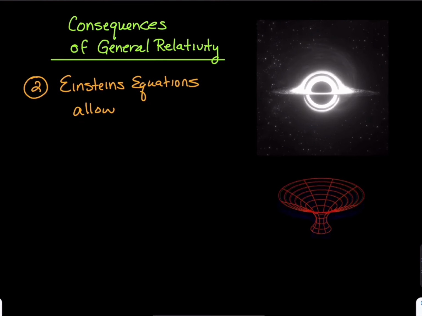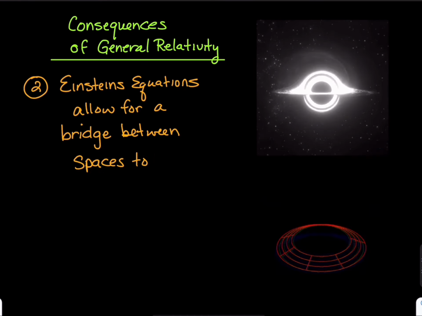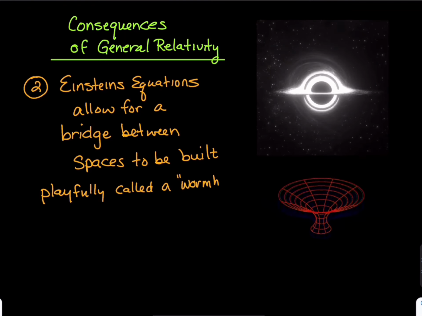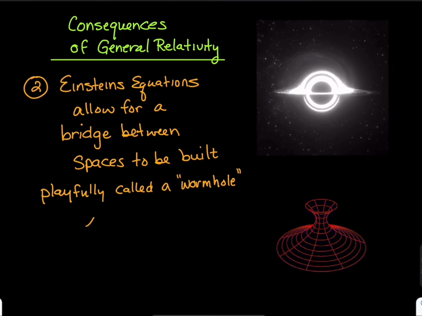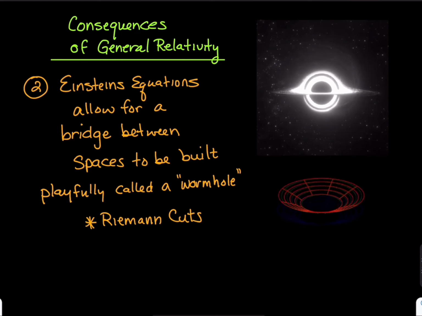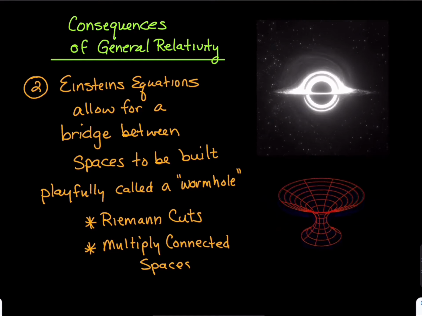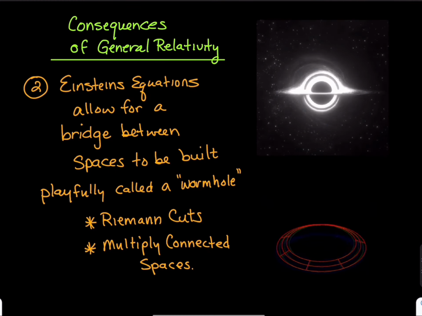Now, Einstein's equations allow for perhaps a bridge through space to be created, building on something that Riemann himself actually considered, something called a Riemann cut, or considering multiply connected spaces. Now that's the stuff of science fiction.